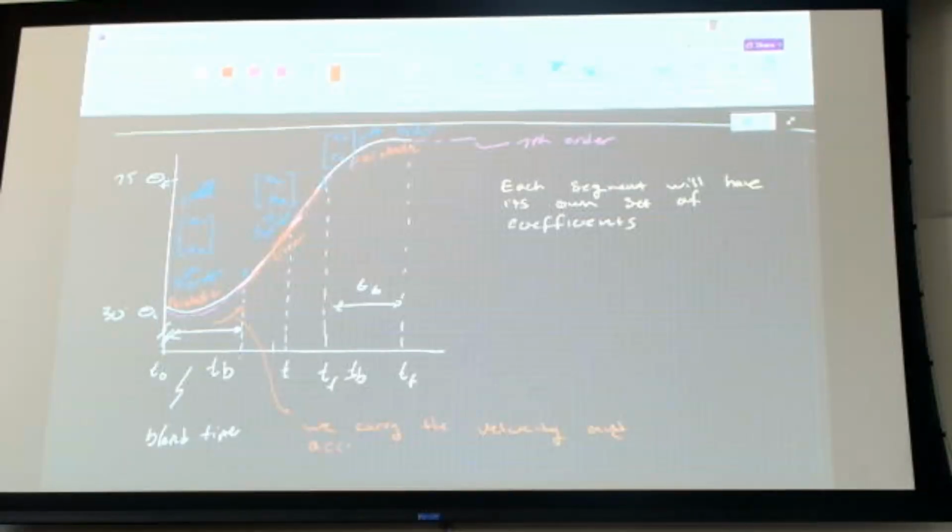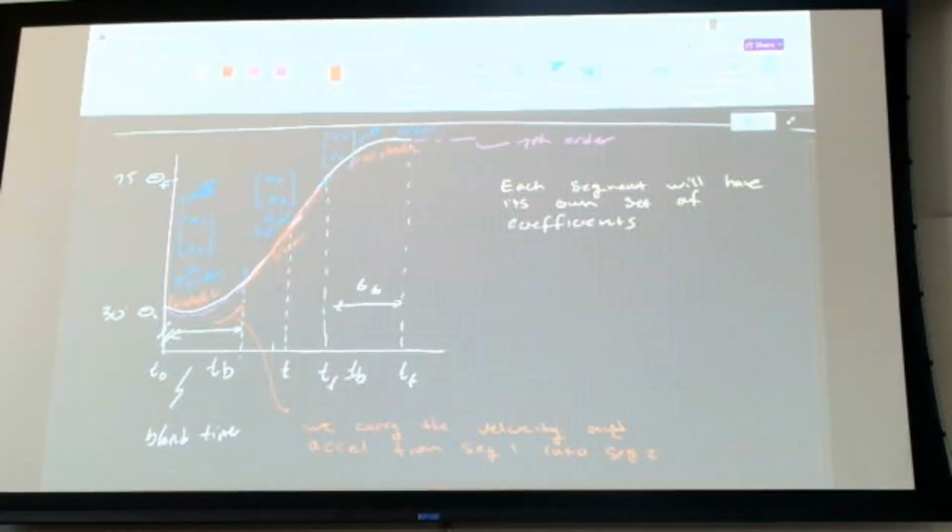I'm going to say it's a deceleration, I know that, but I'm still going to call it acceleration, from segment 1 into segment 2 initial conditions.